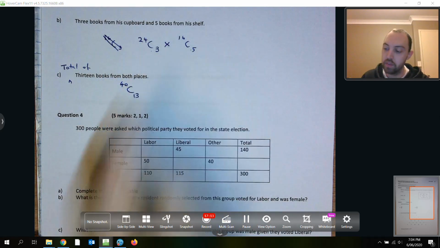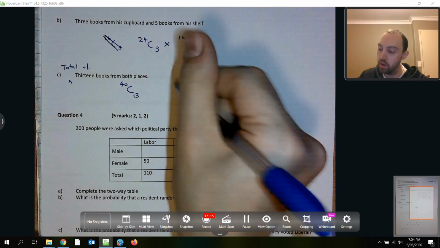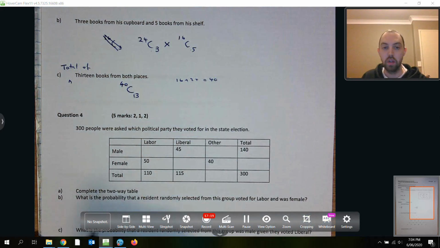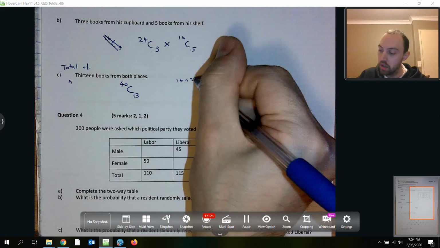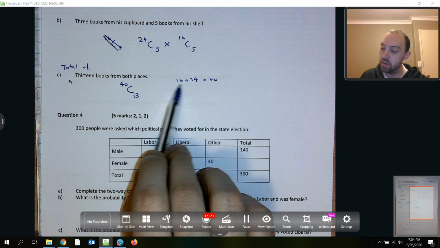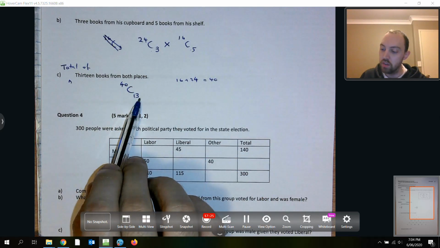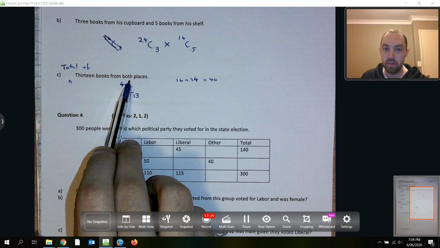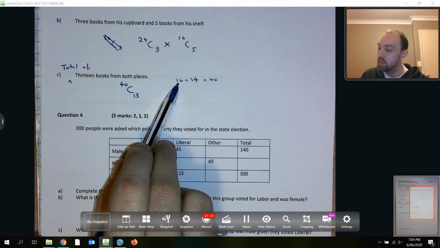Well, there is 40. 16 plus 24 is 40. Okay. So in this situation, 40 choose 13 is 13 books from both places, both his shelf and his cupboard.